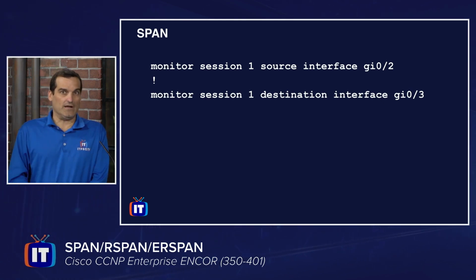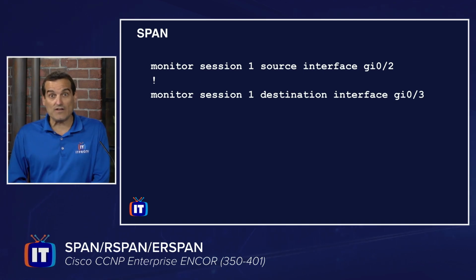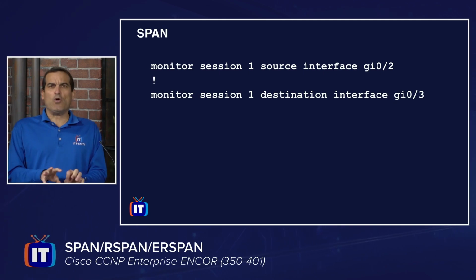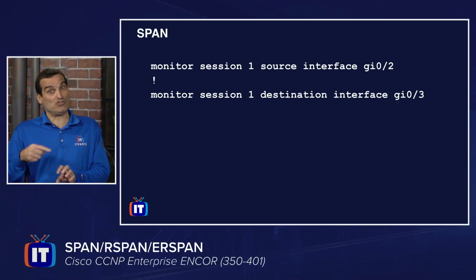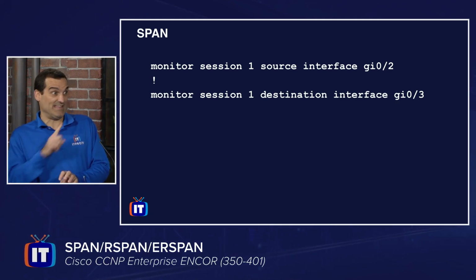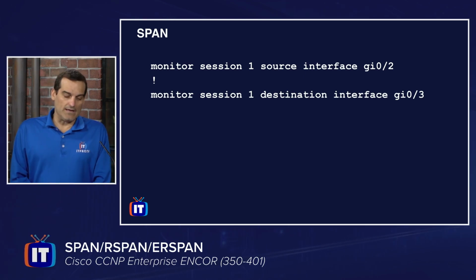We give the identifier. You can start with 1 if you want. Do a show monitor session. Do your show commands to make sure there's not already one in place. That's a gotcha. And so we do monitor session, and then you specify the source of your traffic.